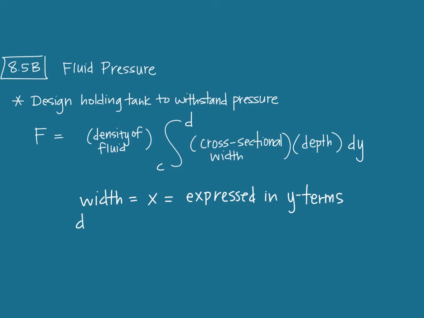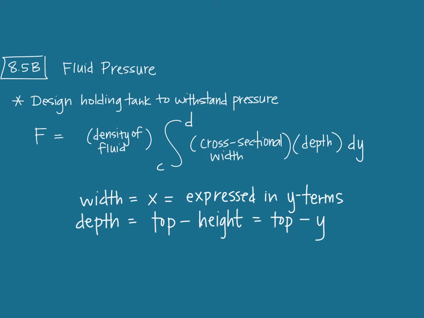The depth, because gravity is pulling down, you start at the top of your fluid, and then you subtract the height, which is basically the top minus y, because y is representing the height.